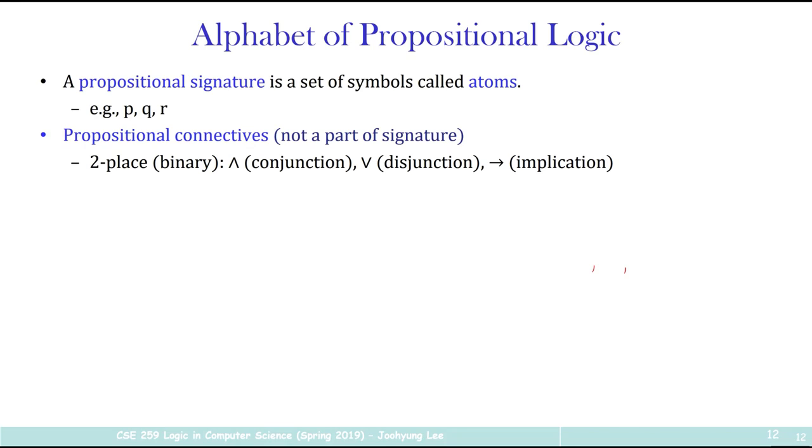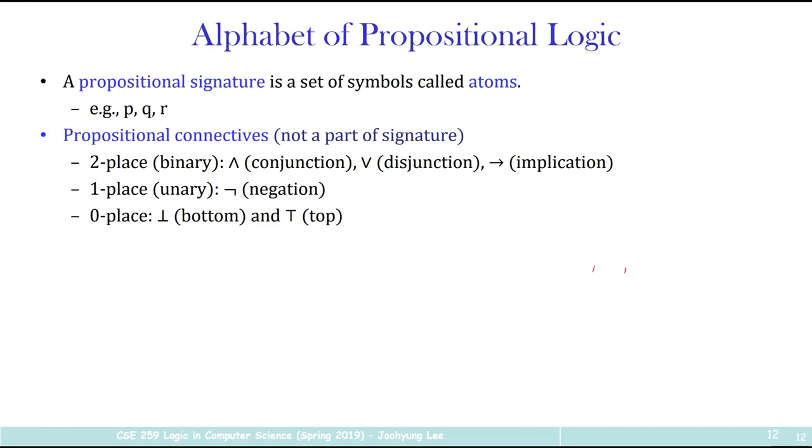Based on the number of arguments that these connectives can have, we can say binary, unary, or zero-ary connectives. Binary means there are two arguments, so conjunction, disjunction, and implication have two arguments. The unary negation applies to one argument. There are also zero-place connectives called bottom and top.